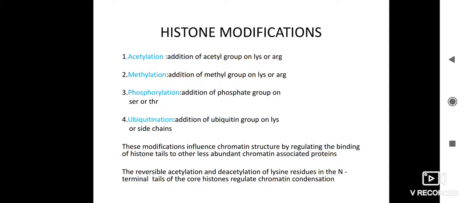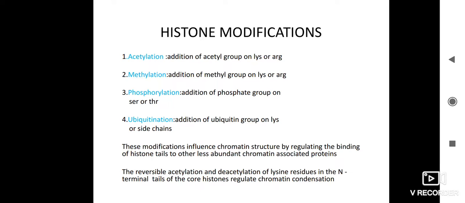Methylation, addition of a methyl group on lysine or arginine. Phosphorylation means addition of a phosphate group on serine and threonine. Ubiquitination means addition of a ubiquitin group on lysine or other chains.